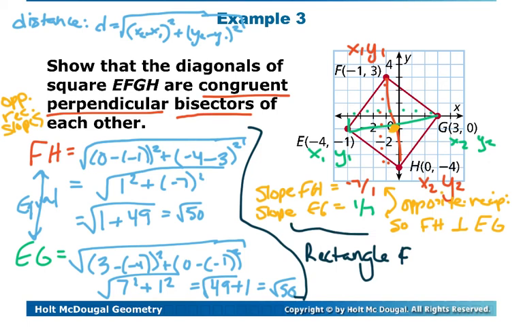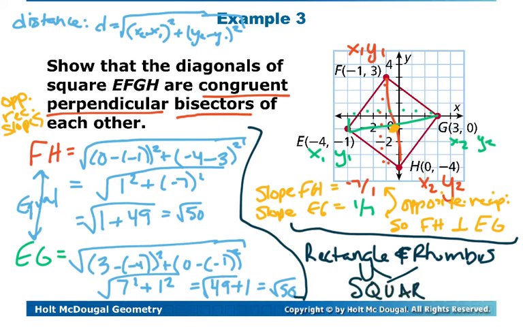And in this statement, I just proved that it's a rhombus. And so because we have a rectangle and a rhombus, we get to say that it's a square. So I don't actually even need to do that diagonals are bisecting, because if it's a rectangle and a rhombus at the same exact time, it is a square. Sweet. So kind of a lot of work for that one, but that is how it works.